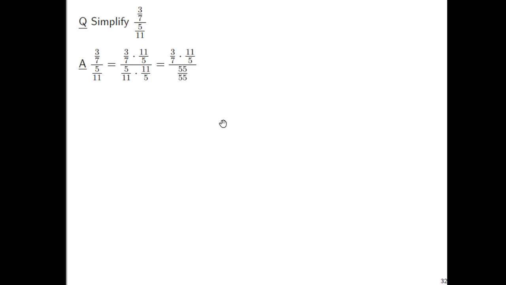Then I'm going to leave in the numerator 3/7 times 11/5 alone. I'm just going to copy that. In the denominator, I have 5/11 times 11/5, and we just talked about what it looks like to multiply fractions. So down here, where you have a fraction times a fraction, I'm going to use that concept we just saw of multiplying straight across.